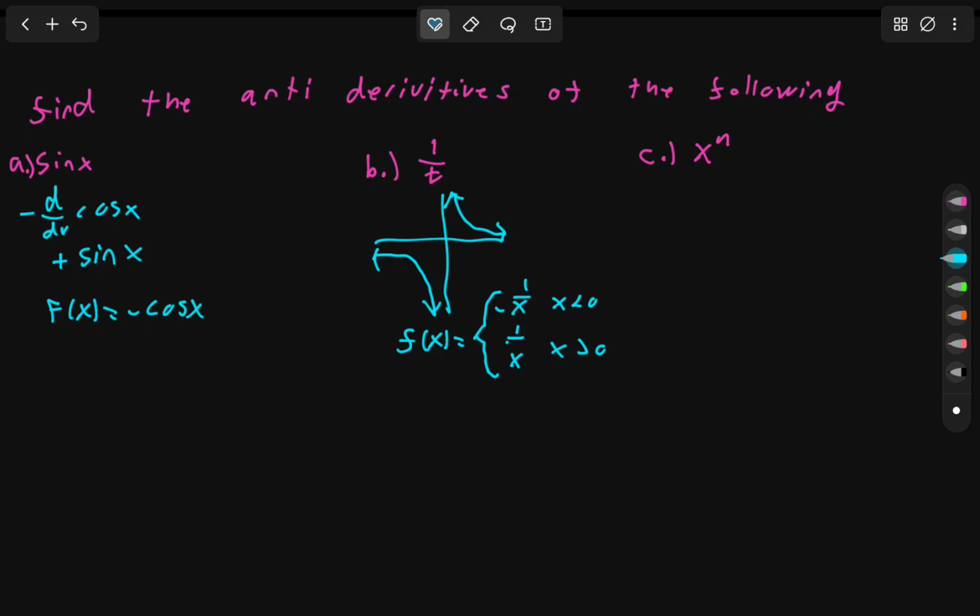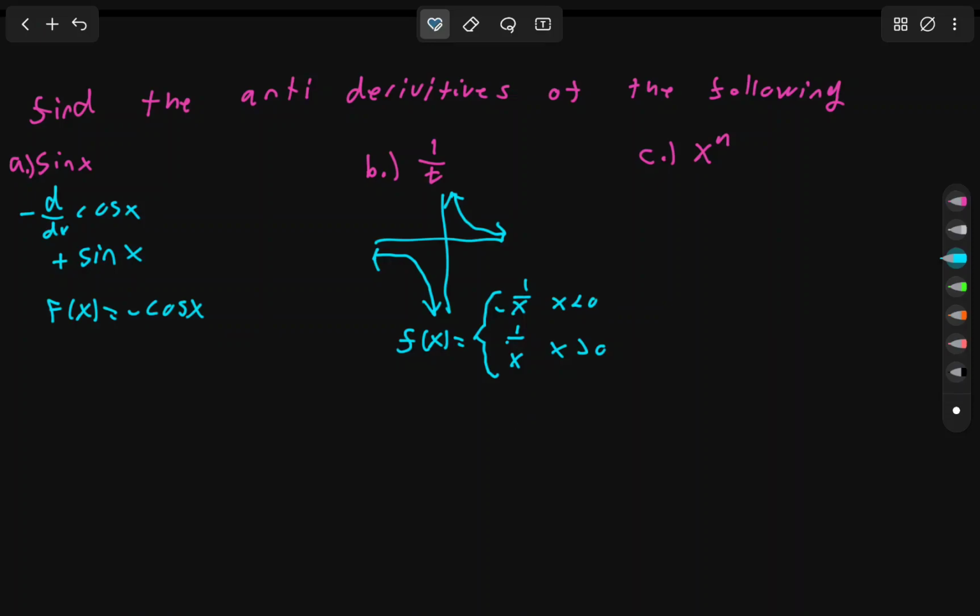Well, now we can take a look at this and think to ourselves, I know that the derivative that gives me 1 over x is just the natural log of x. But what about the derivative that's going to give me negative 1 over x?